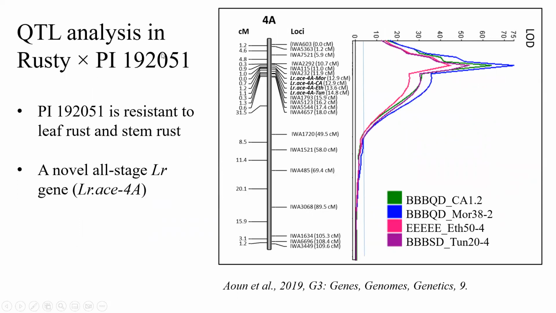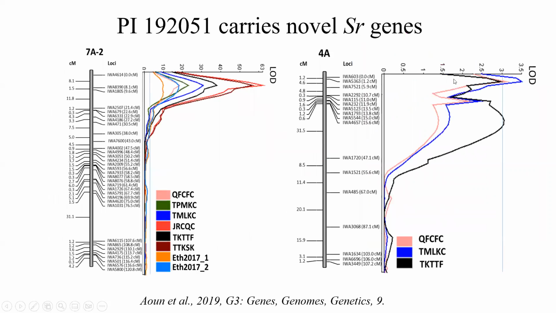The population RASI by PI 1951 was a very interesting population because it carried both resistances. PI 1951 was resistant to both leaf rust and stripe rust. So the mapping was done for both, with different races, and we were able to identify a novel leaf rust resistance gene on chromosome 4AS, and also a novel leaf rust resistance gene on chromosome 7AS that was mapped in a genomic region where no previously identified stem rust resistance genes were found in both durum and common wheat.